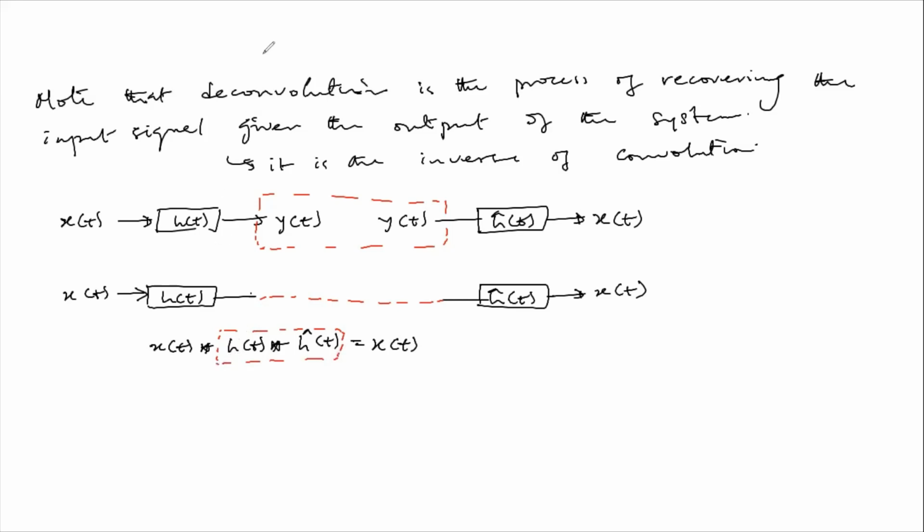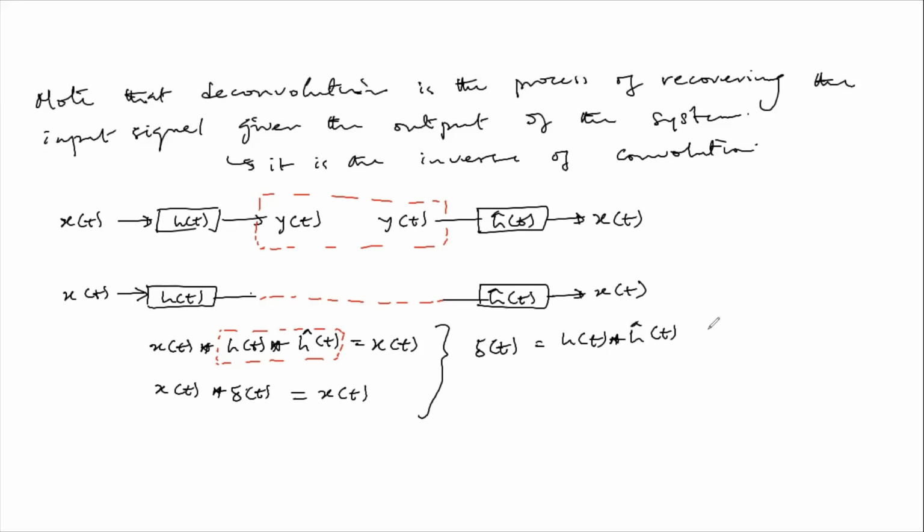So we already know intuitively, based on what we've done so far, S of t convolve with delta function, so unity value, will give us S of t. So following this, we can therefore deduce that the direct delta function, which is the unit impulse, is the same as h of t convolved with h hat of t.